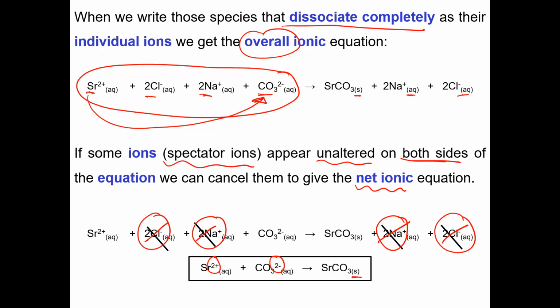So you do want to be a little bit careful when you're asked to write the equation for a precipitation reaction. You want to make sure that you know whether you're being asked for the molecular, the overall ionic, or the net ionic equation, and to give the appropriate version of the equation.